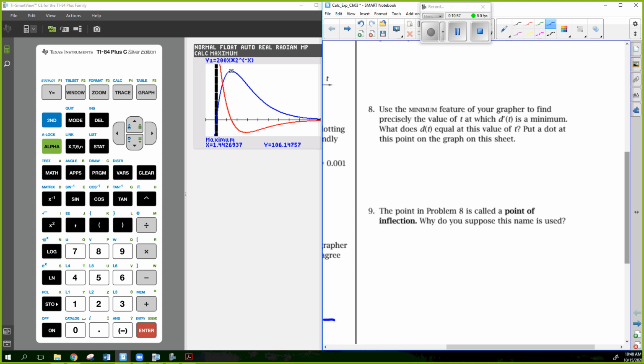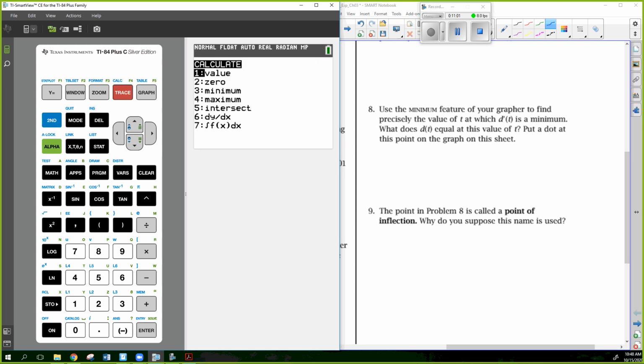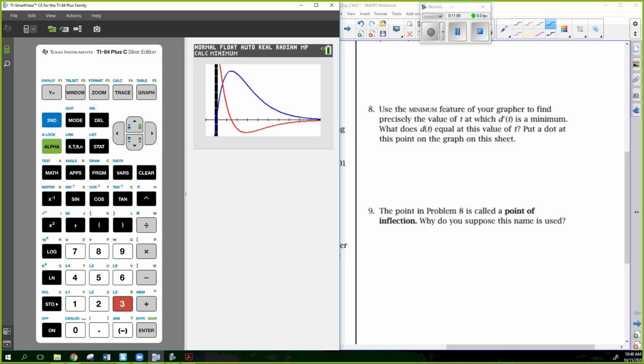Okay, so how do you find a minimum with your calculator? Second trace, number 3. Now, right now I'm on the blue graph. So how do I get to the red graph? If I press the down arrow, it'll jump to the other graph. Then you use the right and the left arrows.